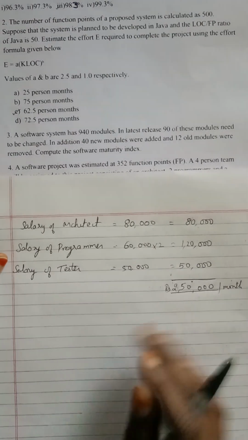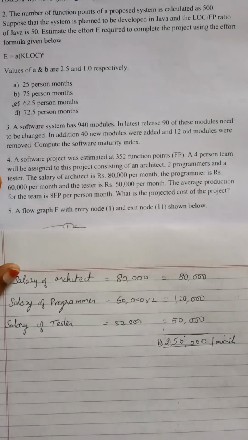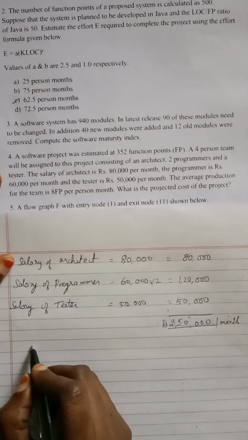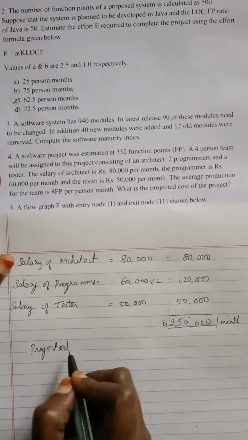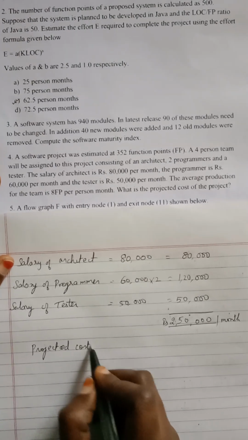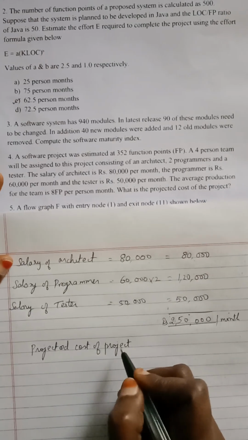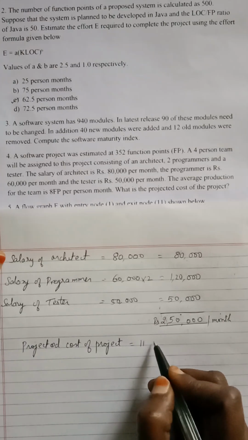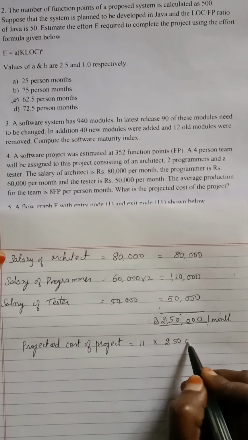So expense per month. So they've asked the project cost for the project. So the project takes 11 months. Okay, so 11 months is the time. So the projected cost of the project will be 11 months into 2,50,000.